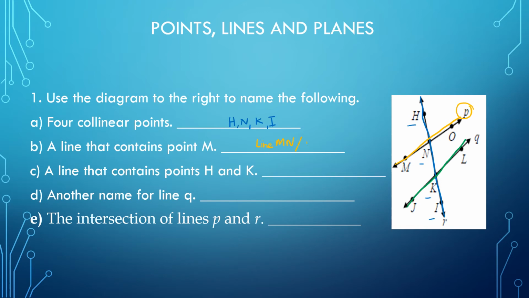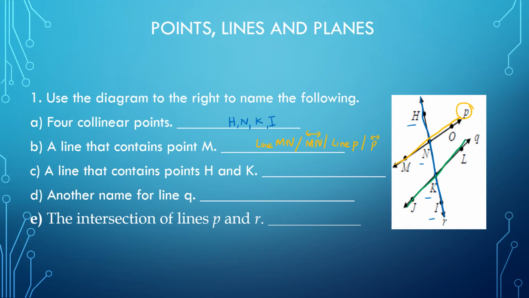You can also say MN with a symbol, or you can say line lowercase p or p with a symbol. Now again, you can use multiple combinations of the points that you see on the yellow line. You could have said NO, line NO, line MO, and stuff like that.